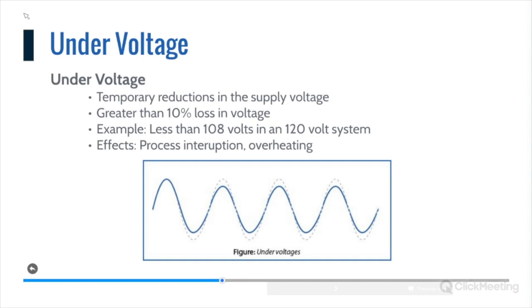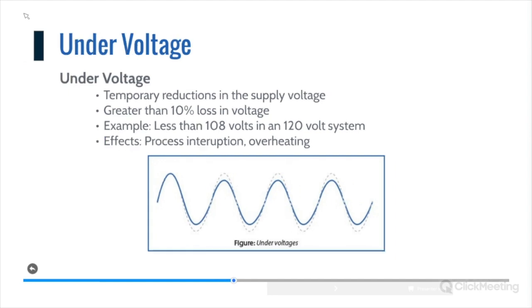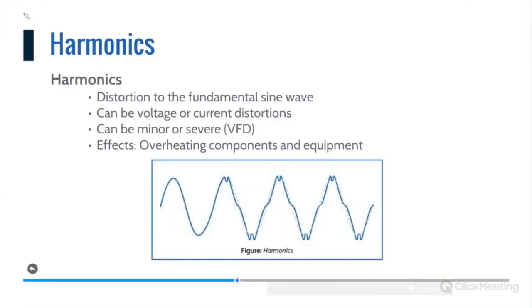The next one that I'm going to cover is harmonics, and this is one that utilities focused in a lot back in the 70s and 80s, and it was all about the types of load that utilities were having to serve, generally caused by large arc furnaces or even the onset of static bar compensators would cause these harmonics.